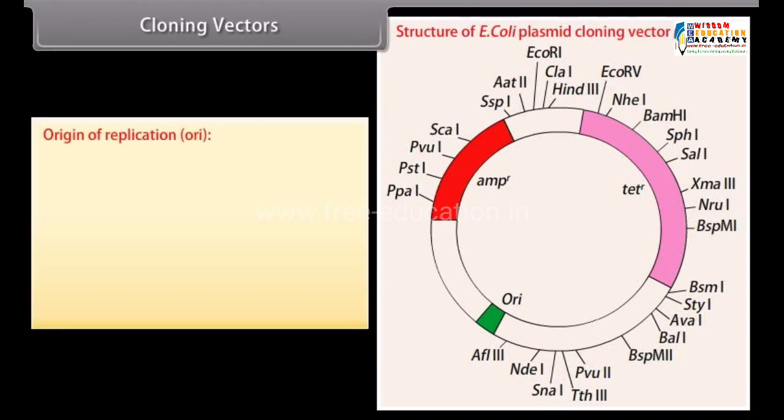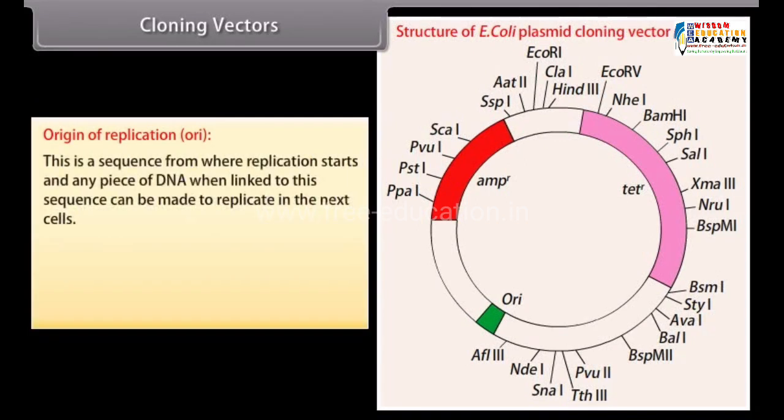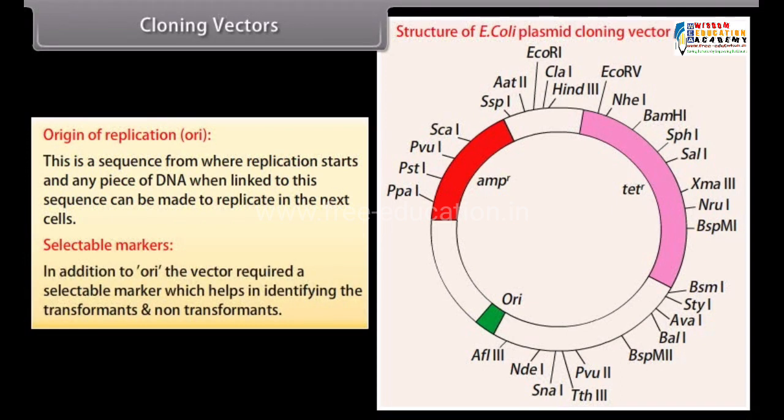Origin of replication. This is a sequence from where replication starts, and any piece of DNA, when linked to this sequence, can be made to replicate in the host cells. Selectable markers. In addition to ORI, the vector requires a selectable marker which helps in identifying the transformants and non-transformants.